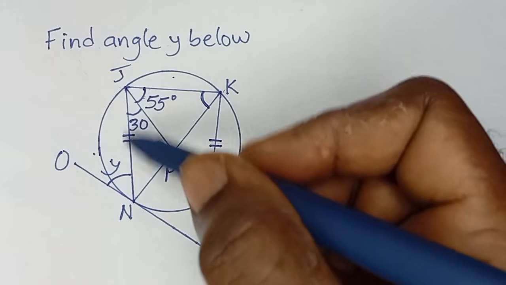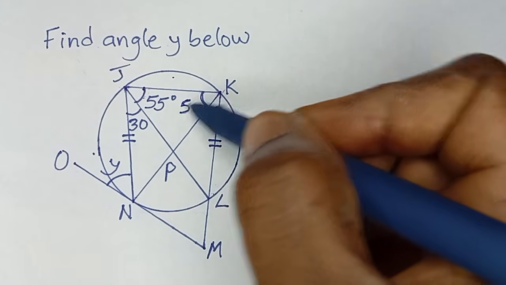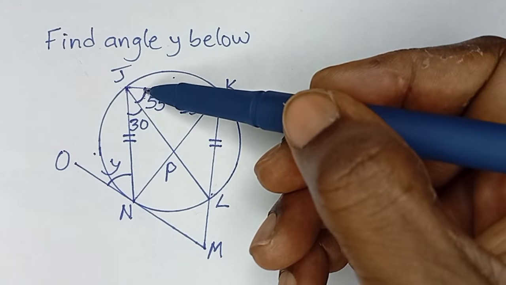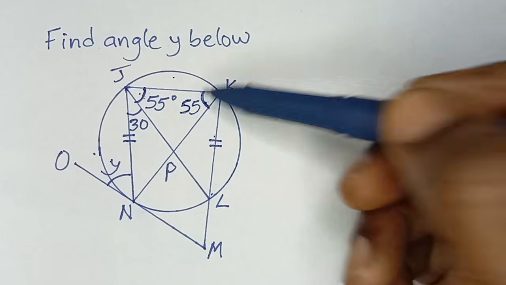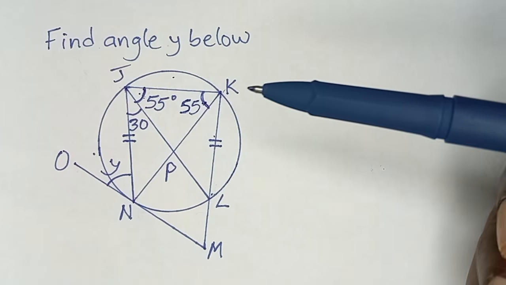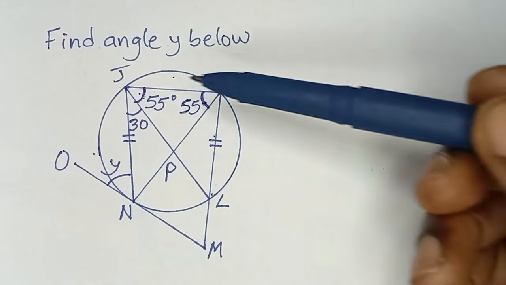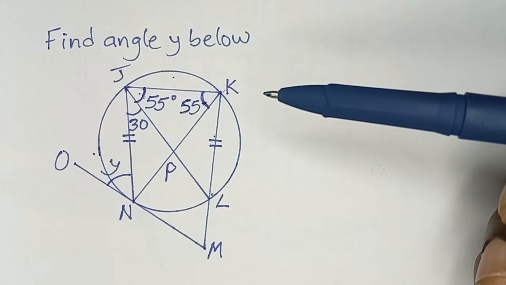So it means that this line JN is also making this 55 degrees, just like KL made 55 degrees. That is the opposite angle. So 55 degrees is the value of this angle. Don't forget the theorem that equal chords subtend equal angles at the circumference of a circle.